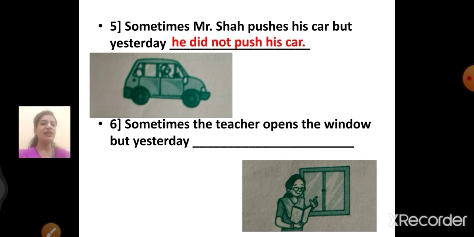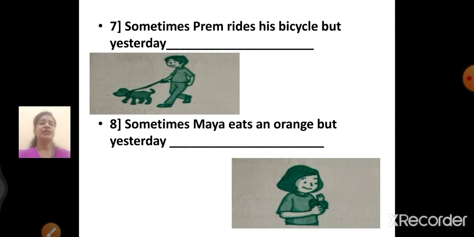Now the sixth one, sometimes the teacher opens the window, but yesterday she did not open the window. Now see the seventh one.